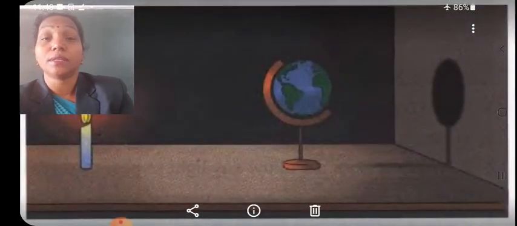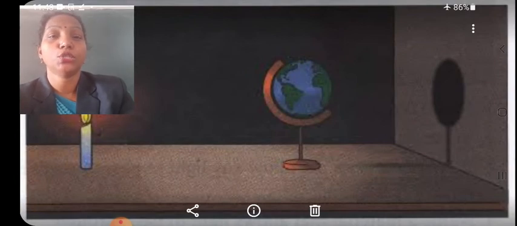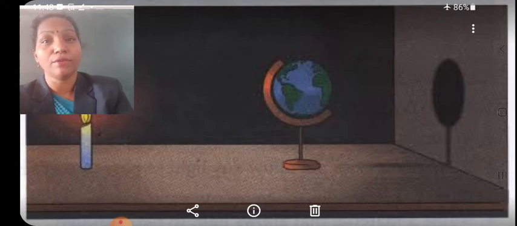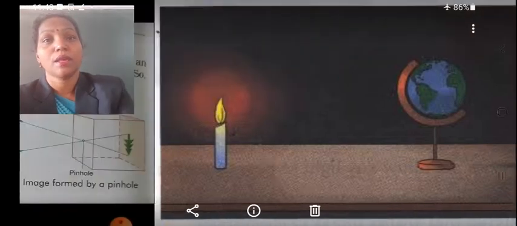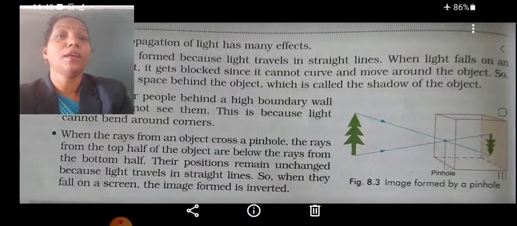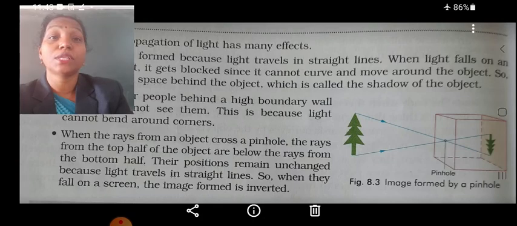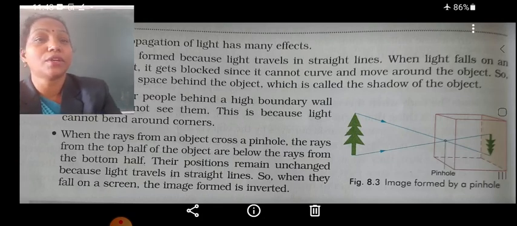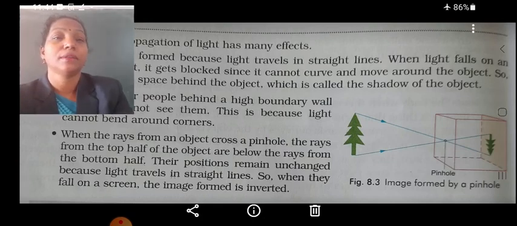Then students, shadows are formed due to the rectilinear propagation of light. Light travels in a straight line and forms shadows of opaque objects. So this one we can read. The shadows are formed because light travels in straight lines.